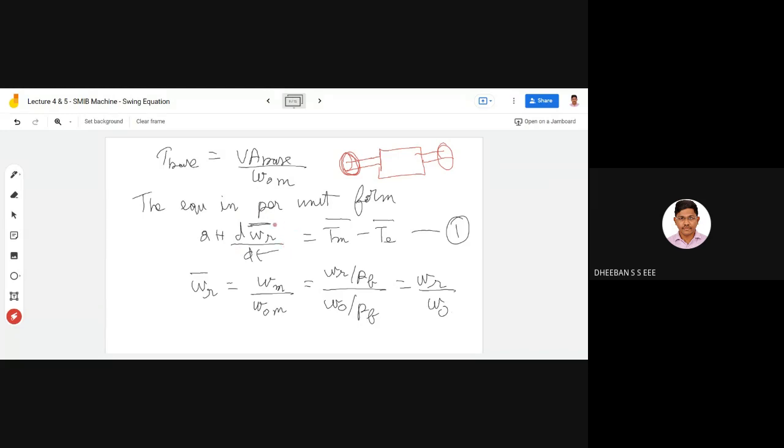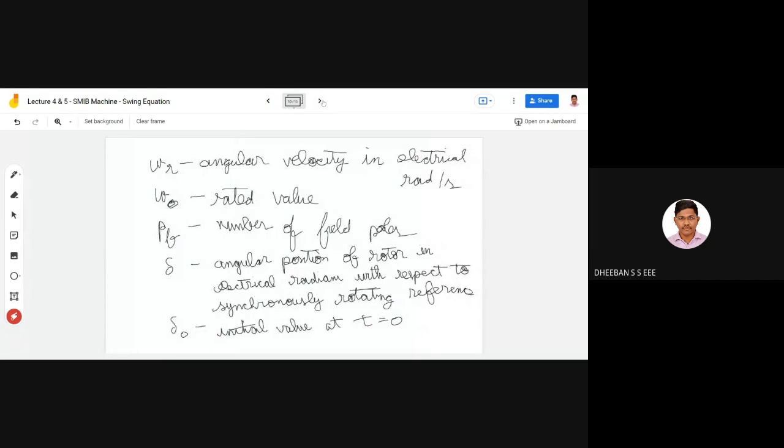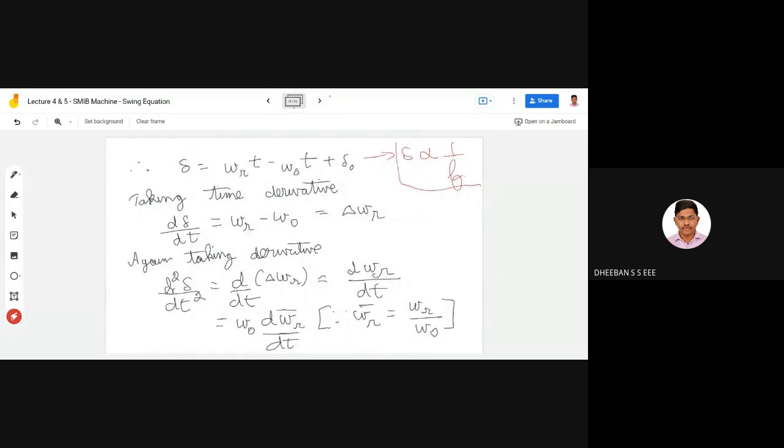Hence we are moving from the mechanical to the electrical part, taking a relationship between your angular velocity and your rotor angle. We have to replace this particular parameter, and for that we are doing these calculations. So now we have to take the derivative with respect to time.